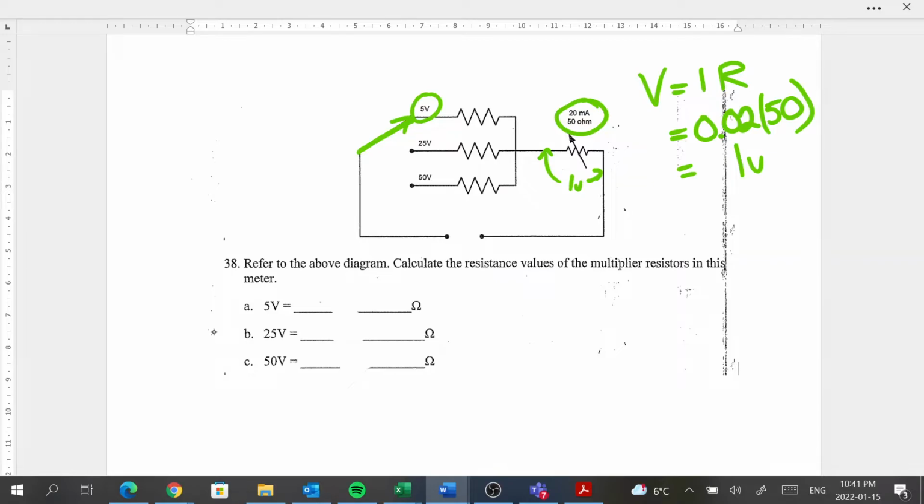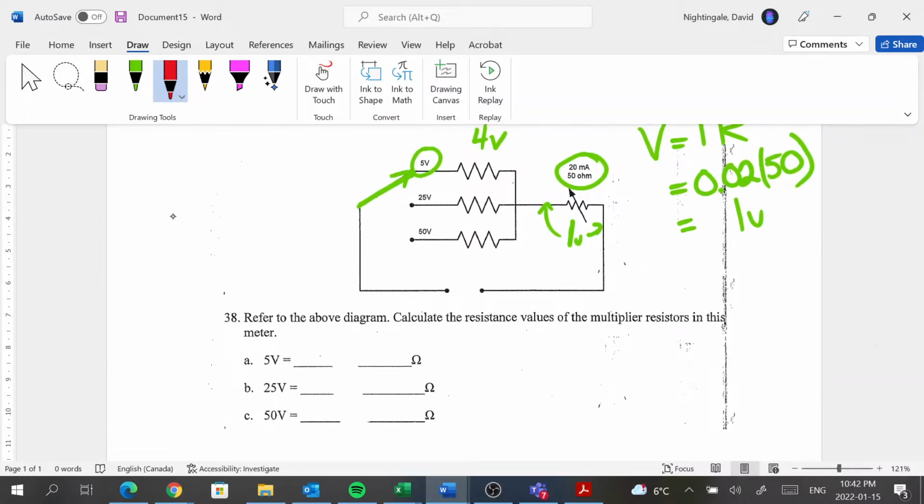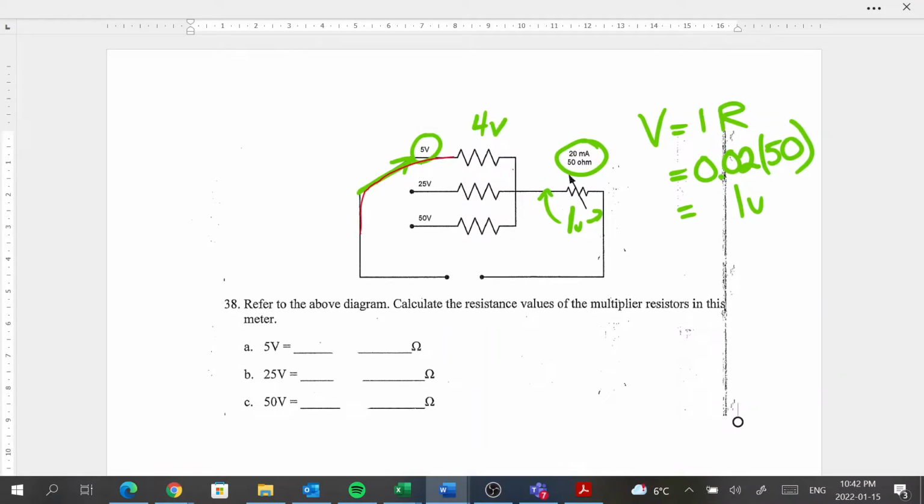So if we already have a 1 volt drop across the rheostat, then we have a maximum voltage drop of 4 volts across there because this is in series around the circuit. So we got 1 volt here, 4 volts here. That's going to give us our maximum of 5 volts.